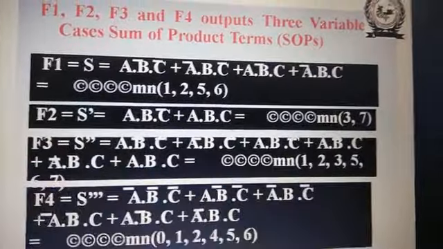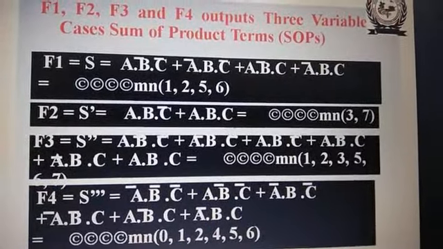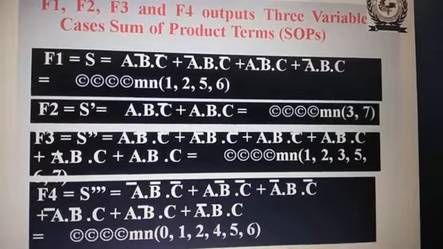F1 is equal to the sum. So how will you write here? A, B bar, C bar.